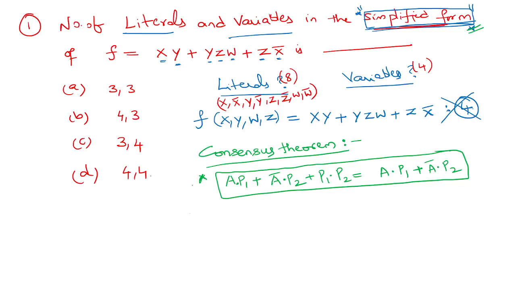Now, can you guys tell me, can I say f is a simplified form, or is there a possibility of applying the consensus theorem in that? You can unmute yourself and talk, no problem. As I said, it's an interaction, right? Is there any possibility of applying the consensus theorem?